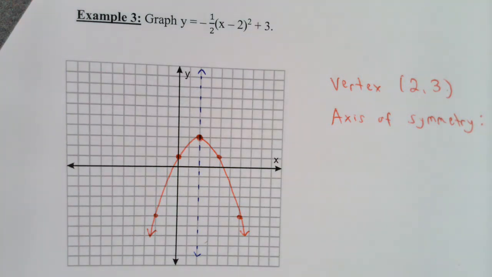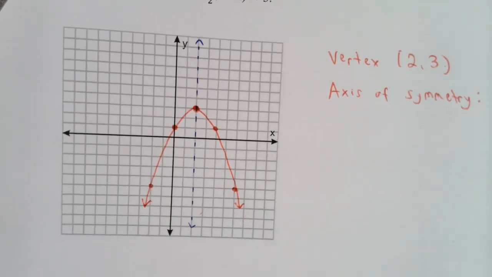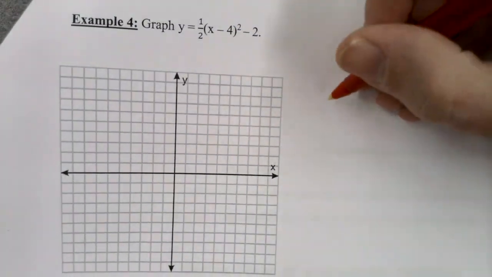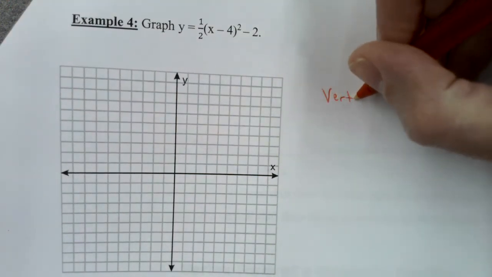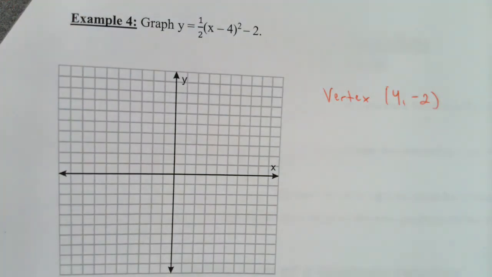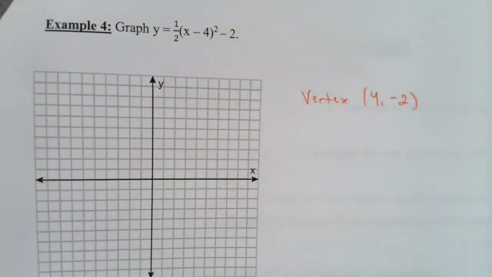All right, one more example in this lesson. I'll go a little quicker through this last one. Start by getting our vertex, okay? So again, 4 comma negative 2. The axis of symmetry would be x equals 4.